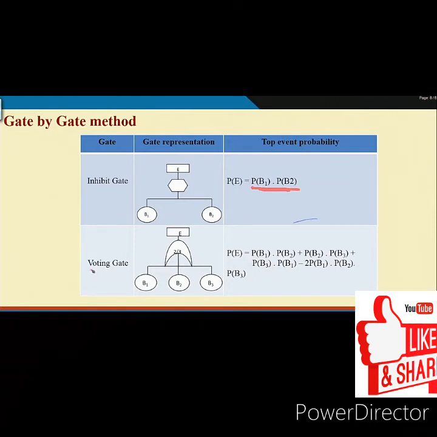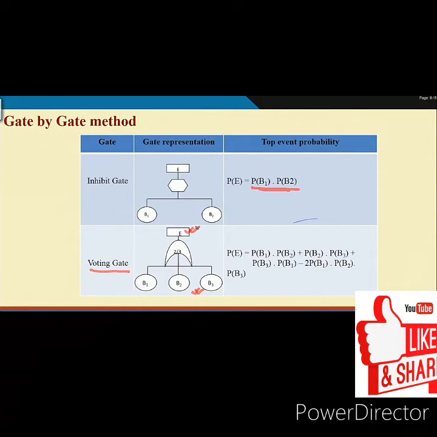Now, in case of the voting gate, you have seen m out of n. If we consider 2 by 3, there are 3 inputs, and if 2 of the 3 inputs occur, then the output will occur.